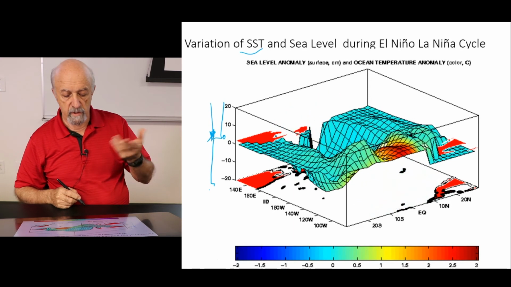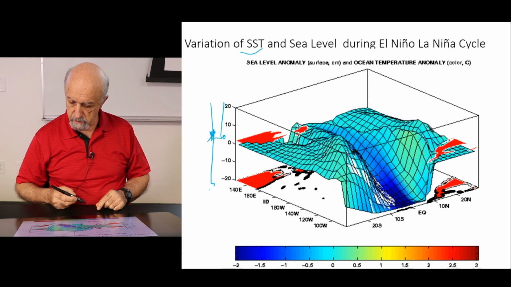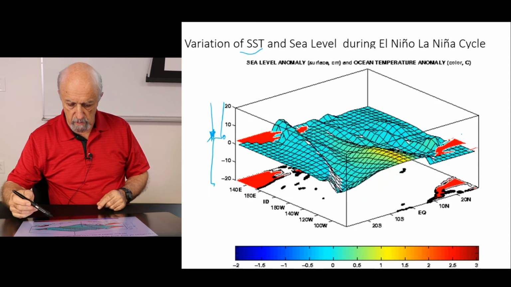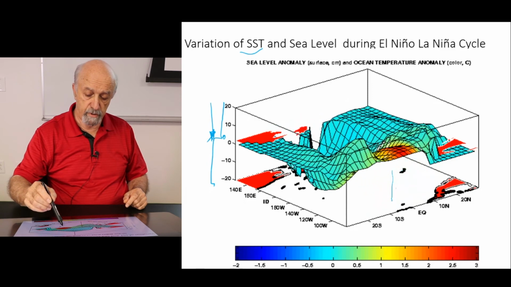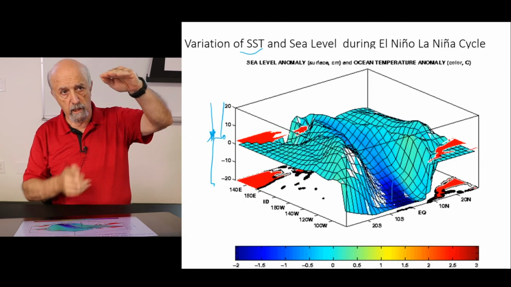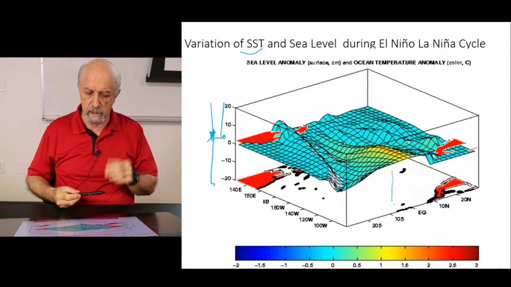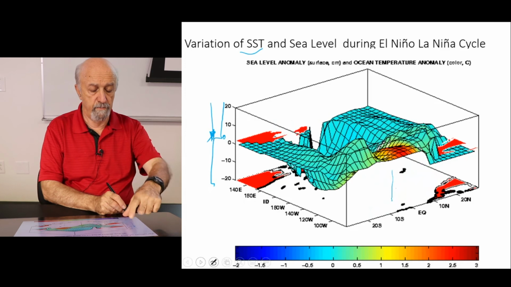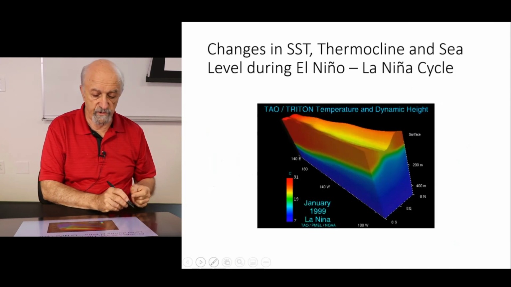So it goes up and down depending where we are. What we see here is an oscillation. I used to have in here a window showing how it changes, but you obviously see the higher temperature goes up and the lower temperature goes down. So during El Niño we see high level, and during La Niña we see low level, physically representing elevation of the sea. But again, variation between 20 to minus 20 centimeters is not really much.